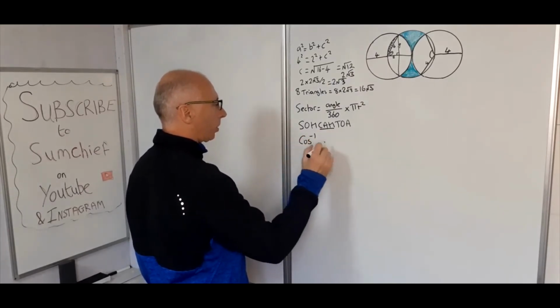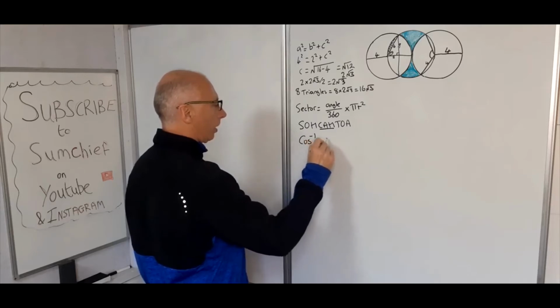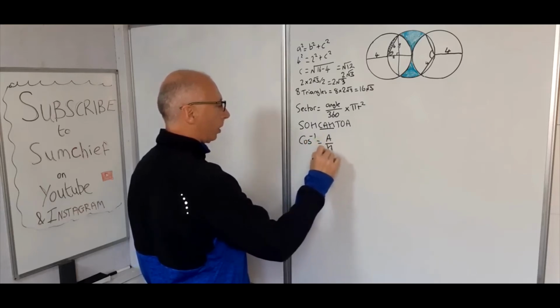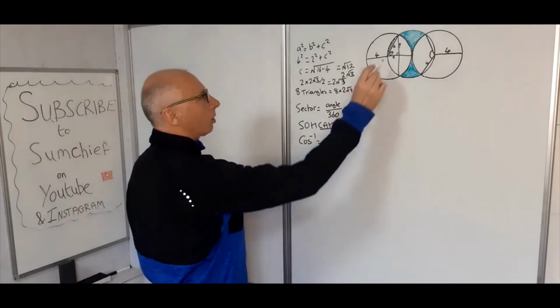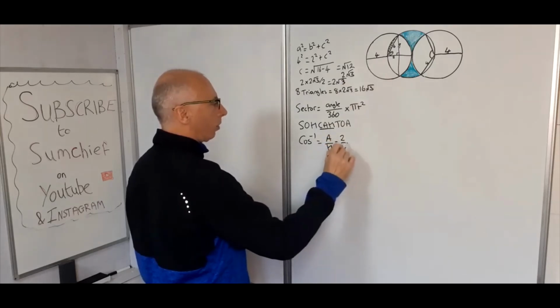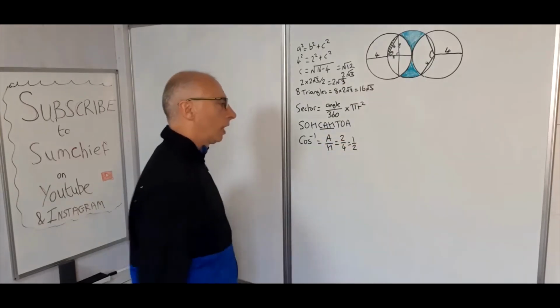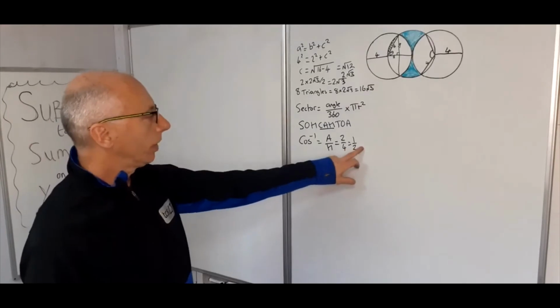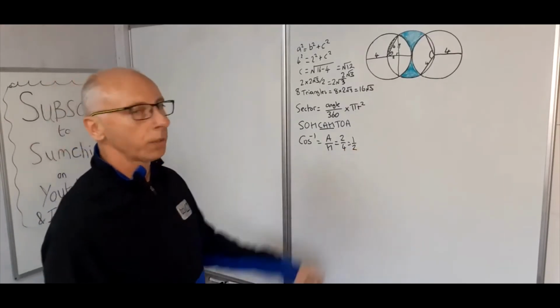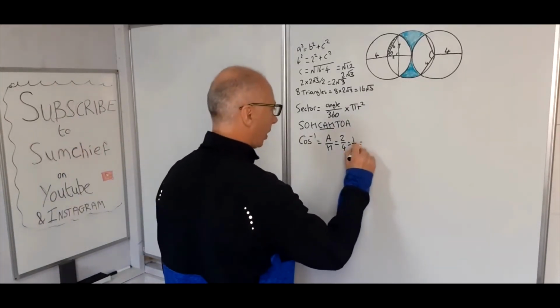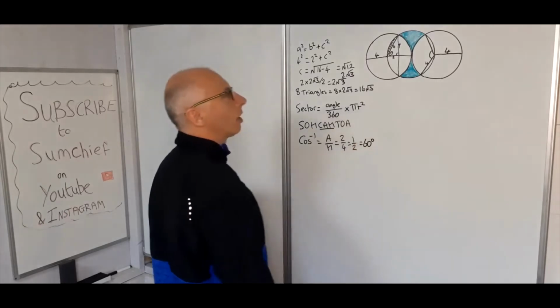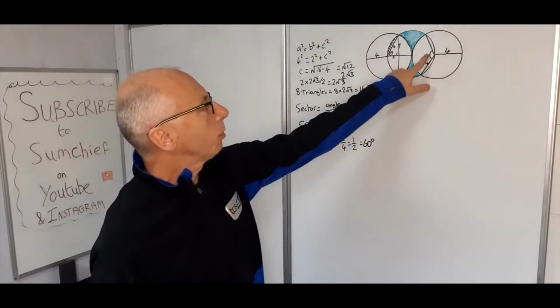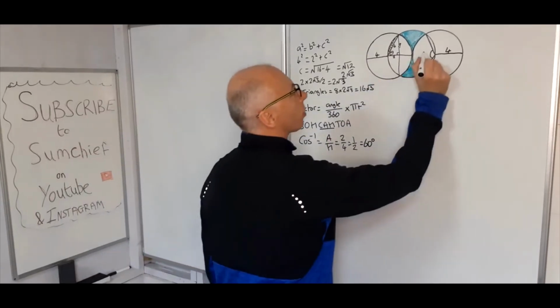So therefore the inverse cosine equals adjacent over hypotenuse, which is 2 over 4, which equals a half. And the angle that we know that equals a half is 60 degrees. So therefore this angle here must be double that. So this is 120 degrees.